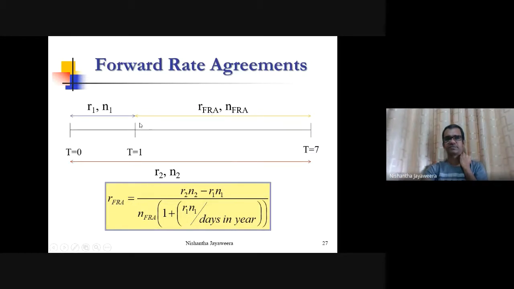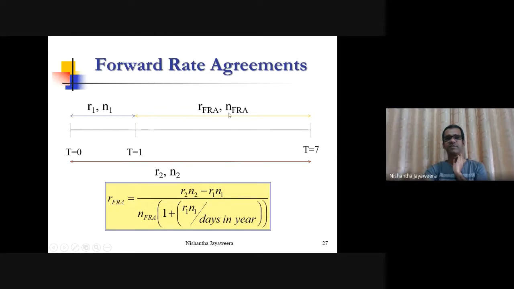RFRA, that means for the FRA period, the applicable interest rate equals the whole period interest rate into the number of days minus the first period interest rate into the number of days, divided by the number of days in the FRA period or the calculation period, times 1 plus the discount factor. This is indeed the discount factor applicable here.